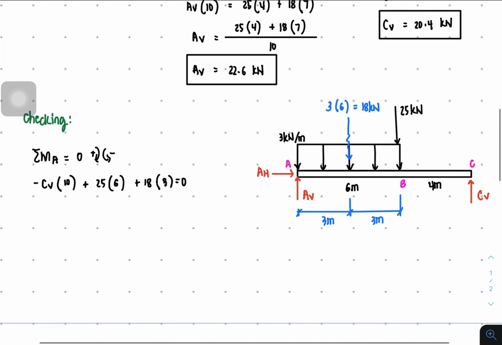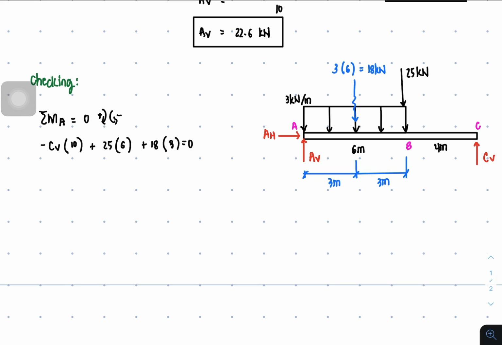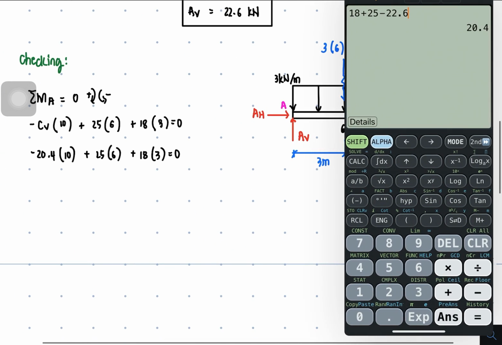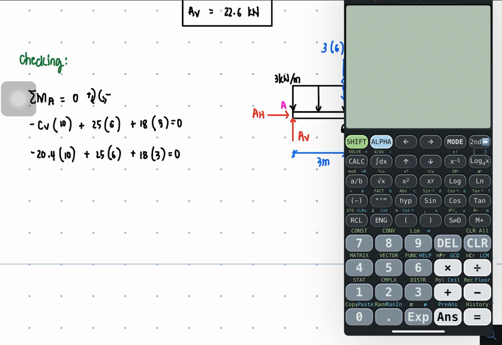Since CV is 20.4, it's negative 20.4 times 10 plus 25 times 6 plus 18 times 3.